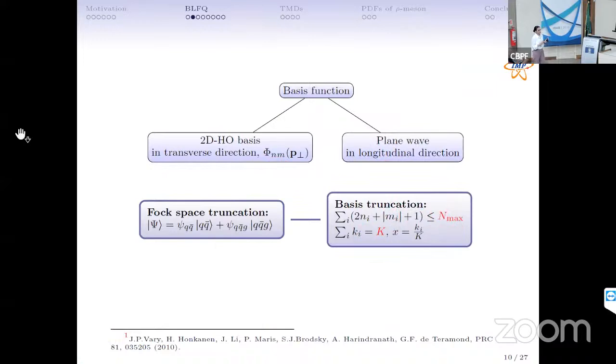To limit the basis and the Fock space we need truncations. For the Fock space truncation we consider only up to the second sector, and for the basis truncation we have two parameters, one in the transverse direction and K in the longitudinal direction.